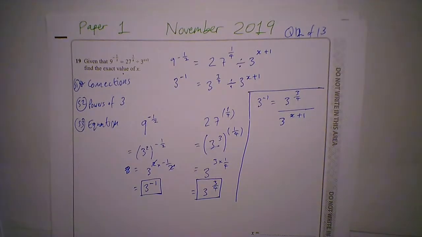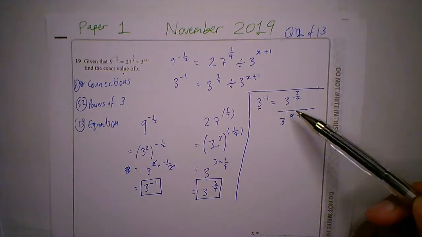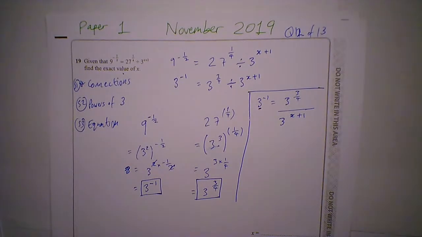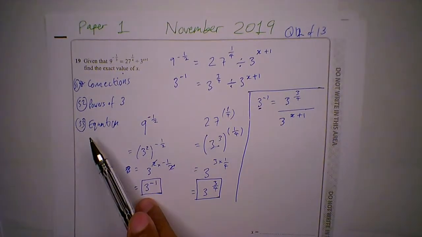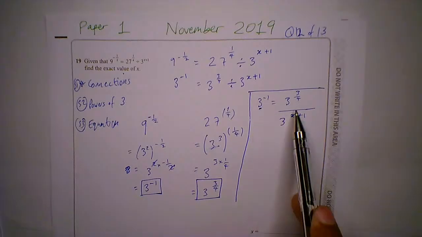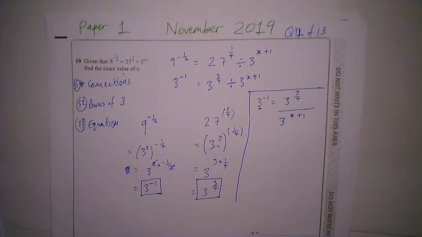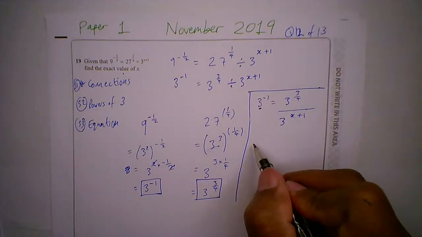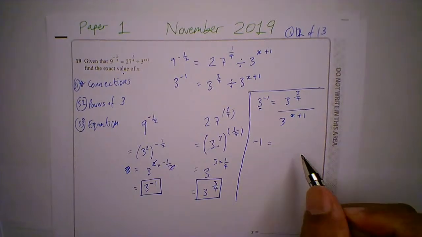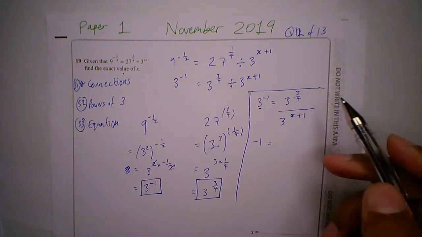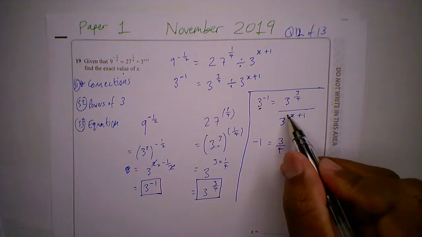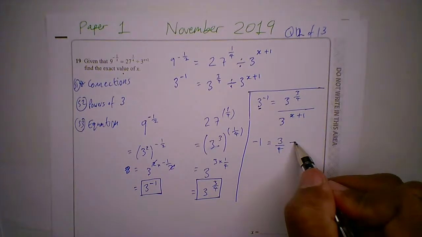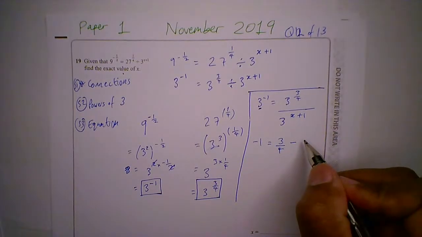Okay, so now I can see the 3's are connected, so that's fine. I can ignore the 3's and do my step 3, which is create an equation. So my equation becomes minus 1 equals 3 over 4, take away x plus 1.